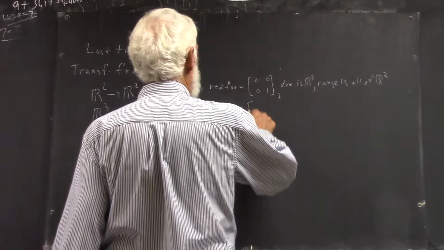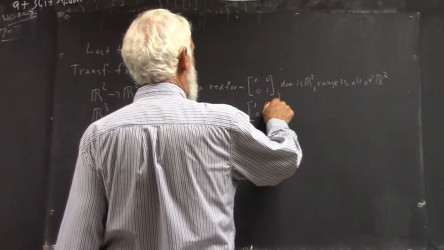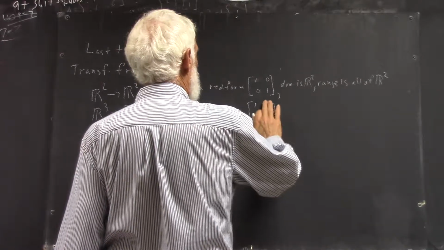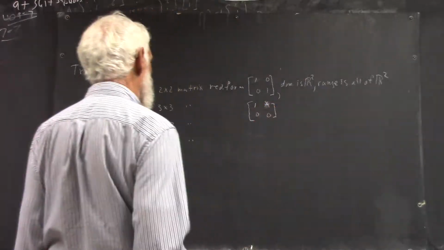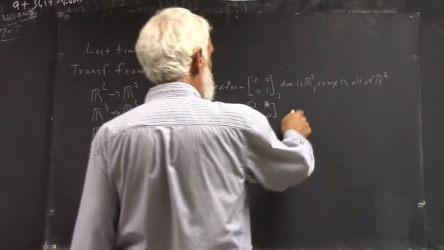If the reduced form is, it could be 1 star, 0, 0. That's for a 2 by 2 matrix. The domain is still R2.